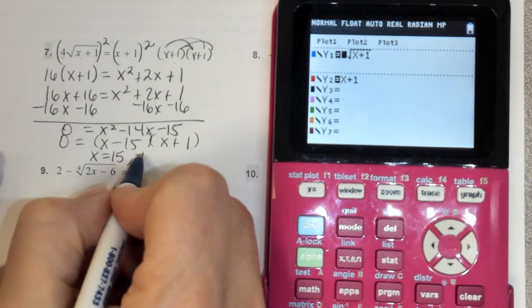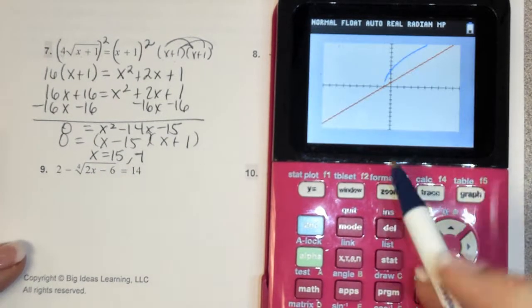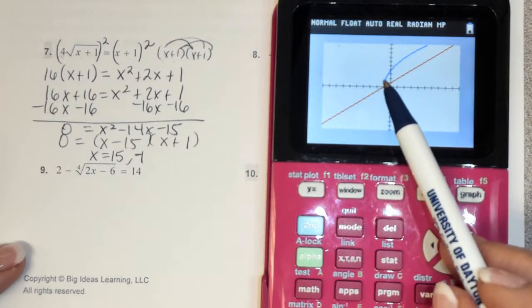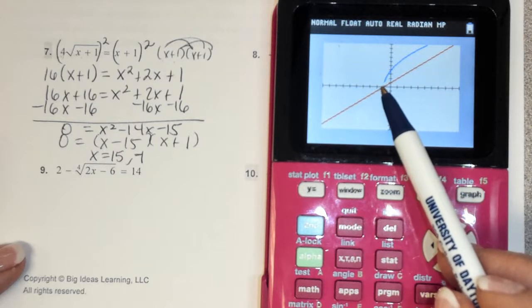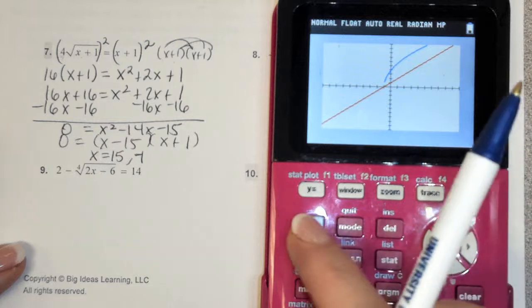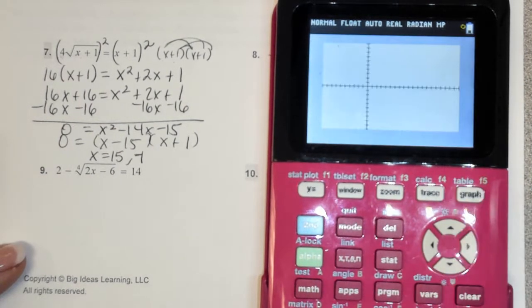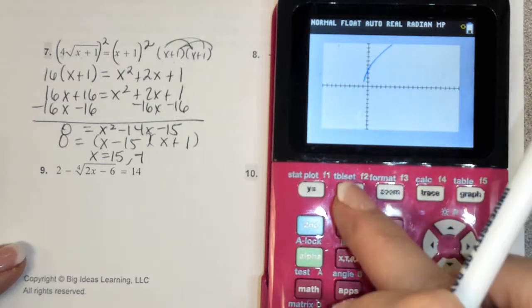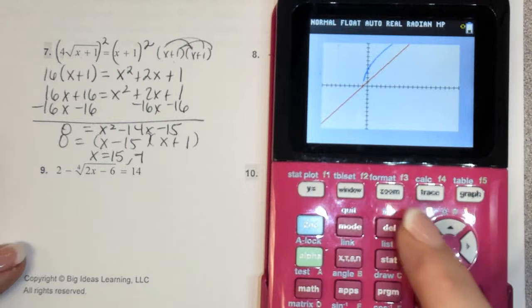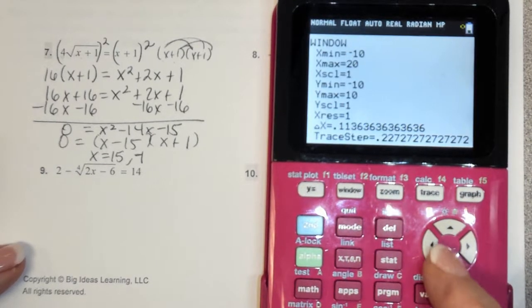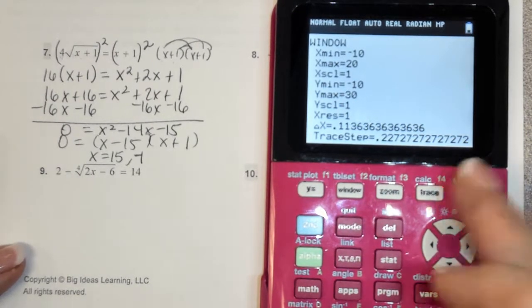Oh, thank you. Even still, is -1 a solution? No, because they're not meeting right there. So I'm going to check the 15. I'm going to extend the window out. Let's see if they meet there. Oh, I need to go higher too. Maybe. Might have been easier just to plug it in. You never know for sure though.